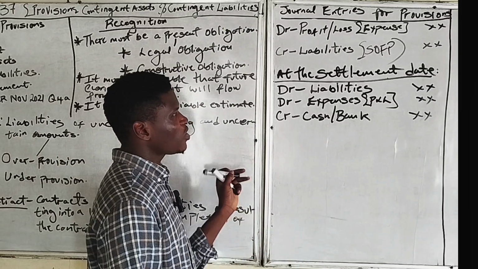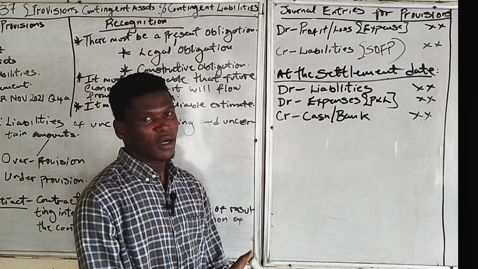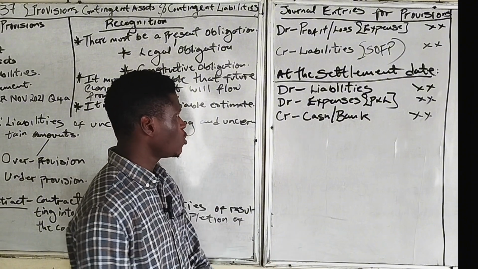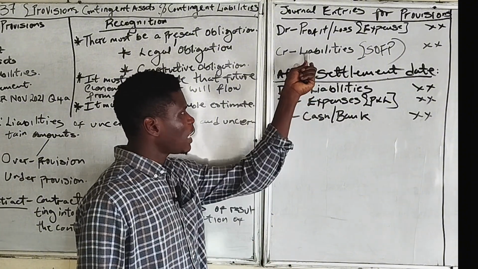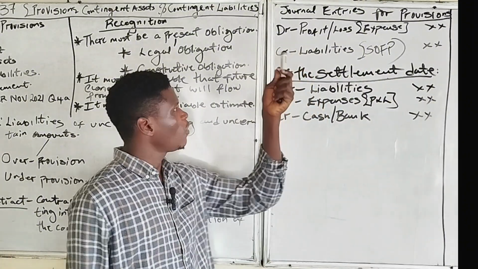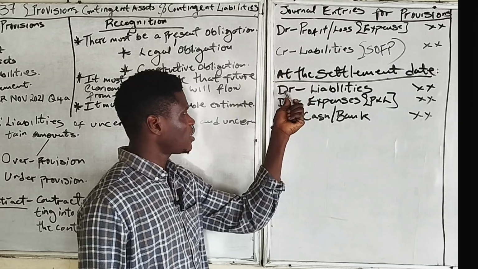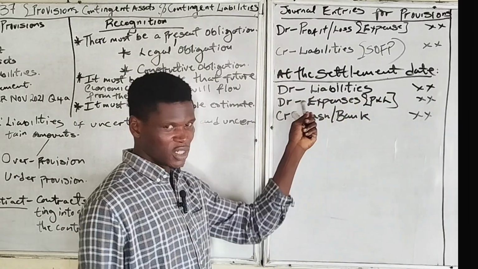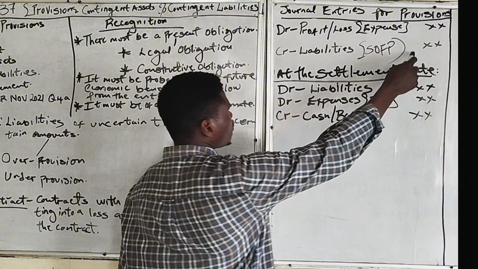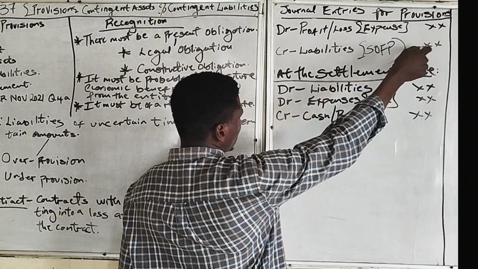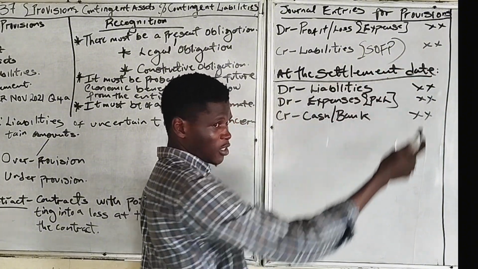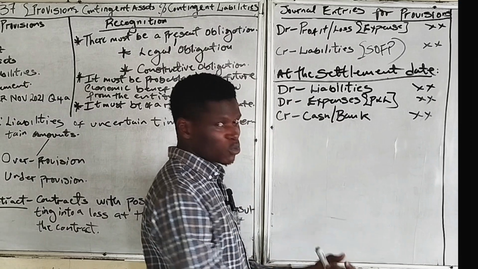So if we have under provided for a particular transaction or an obligation, we will debit the initial liability, which is the initial provision, from our liabilities. So we're debiting liabilities, which is provisions now. We will remove what we have previously recorded as a liability. We derecognize it because we are settling. Then we will take the excess, which is the remainder.